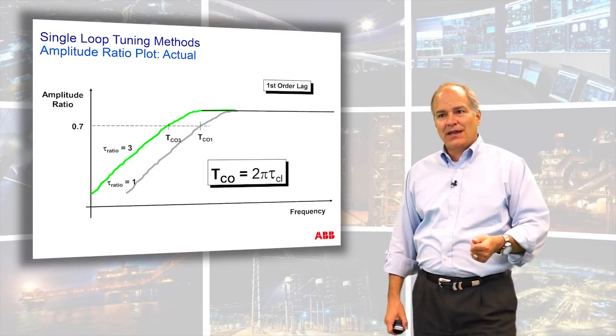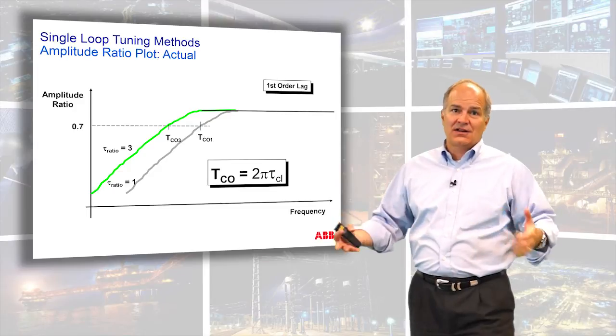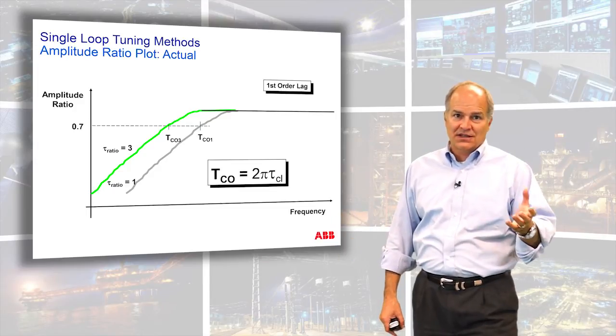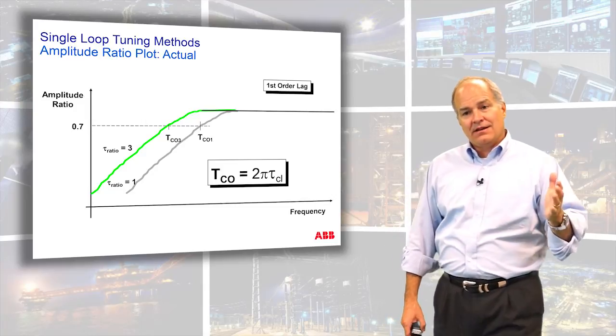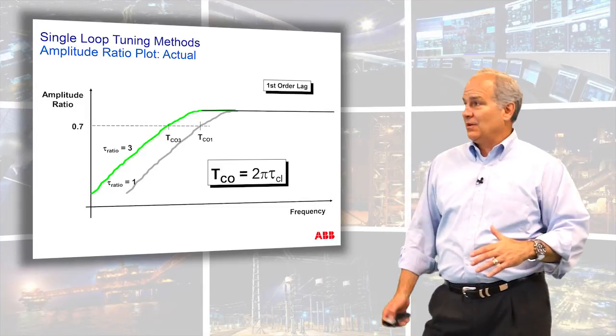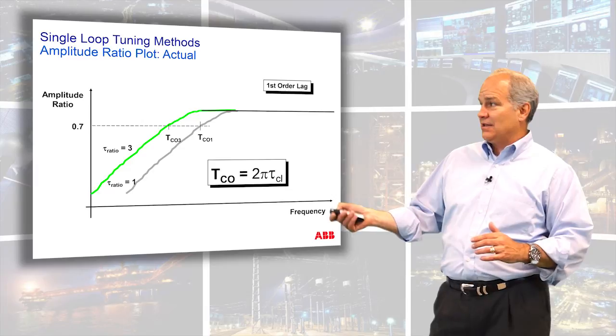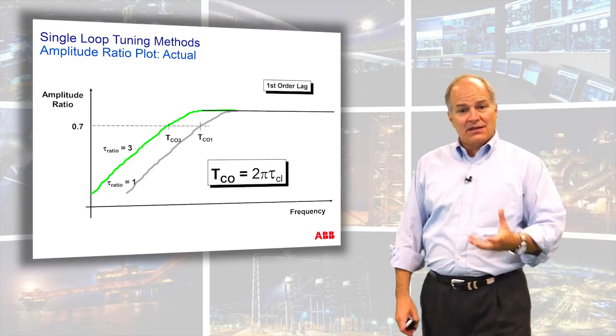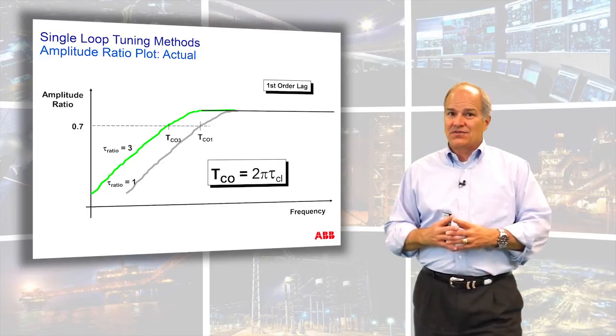So a loop that's in manual or a loop that is very, very slow can only deal with very, very slow oscillations. Now, the converse isn't always true either. We're saying, well, if a tau ratio of 1 is this good, let's go with a tau ratio of 0.1. That's where we'll get into nonlinearities, but not everything's a first order process.